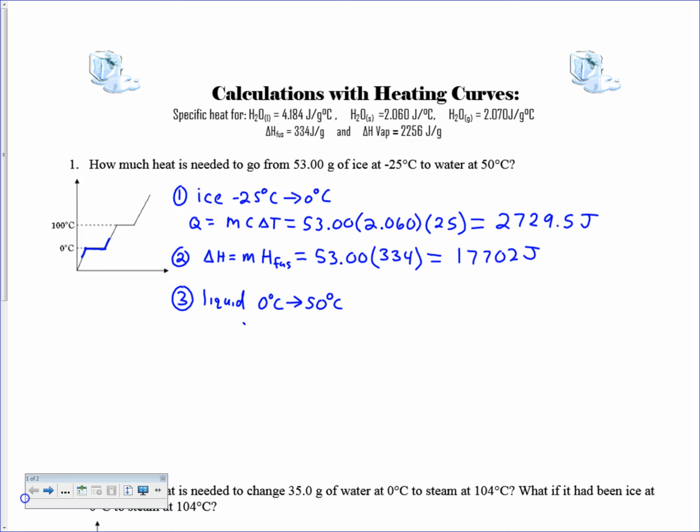All right, so we say Q equals MC delta T. M is 53.00. C for liquid water is 4.184. Change in temperature going from 0 to 50, so it is positive 50.